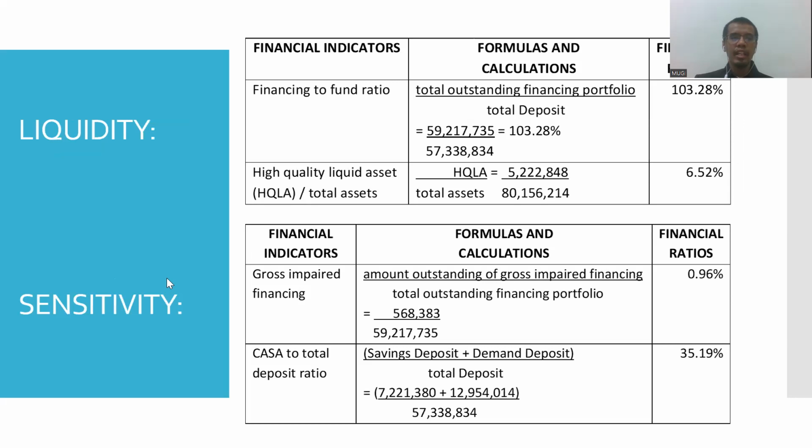Okay, next. The last two ratios from the CAMELS model are liquidity and sensitivity. For the liquidity ratio, we have two ratios that derive from the investment indicator.